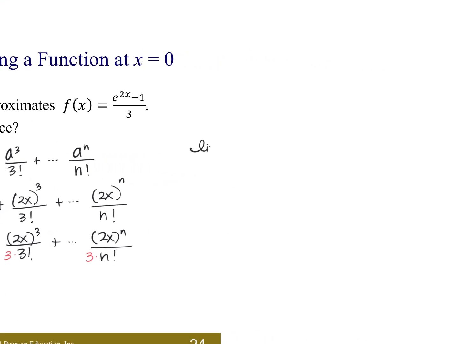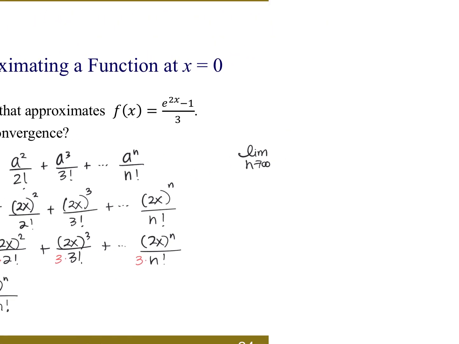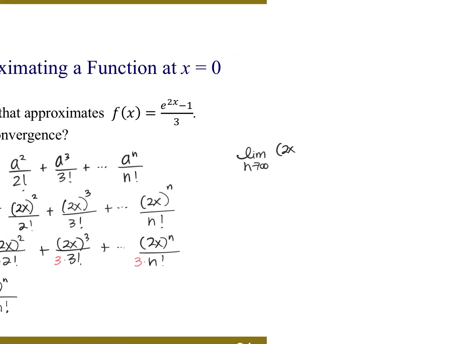So we're going to take the limit as n approaches infinity of 2x to the n plus 1 over 3 times n plus 1 factorial, times 3 times n factorial over 2x to the n.